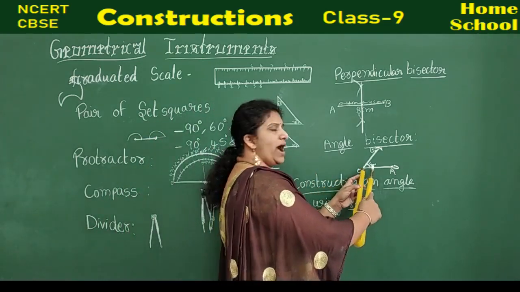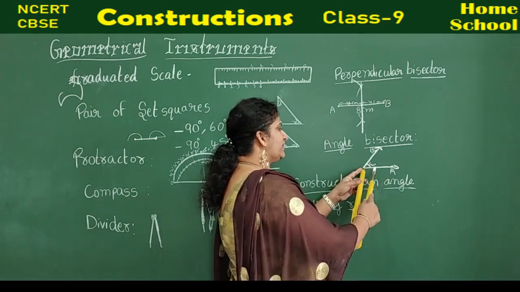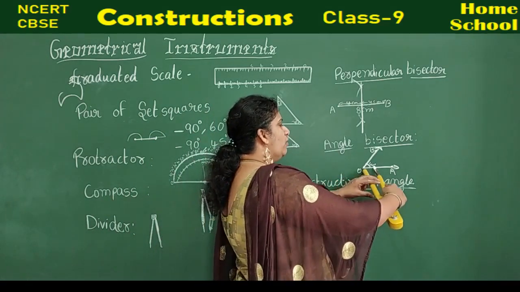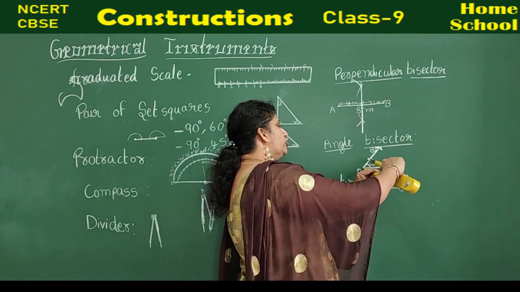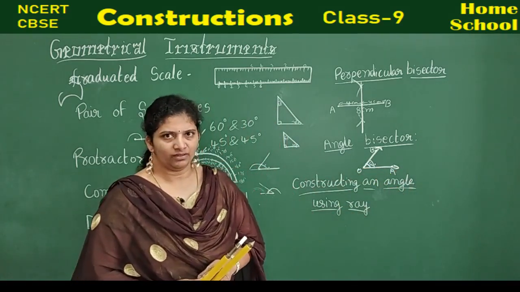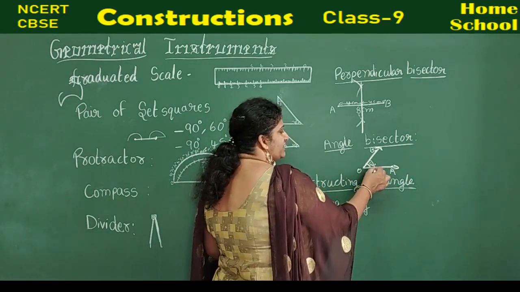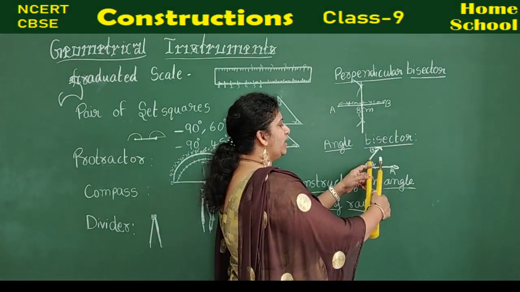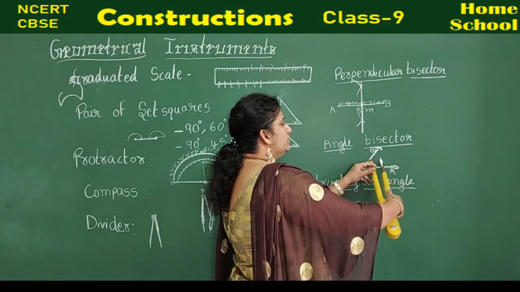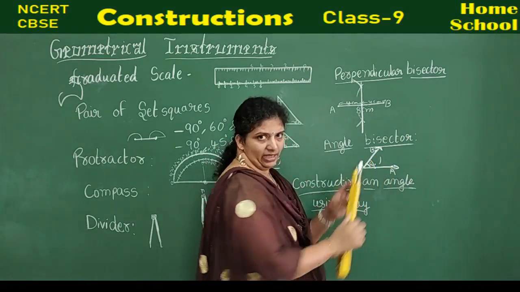From O as a center, with some measurement, what are you going to do? Draw an arc to meet the two arms of the angle. Right? Then where the arc touches the rays, from here, with this as a center, draw an arc.